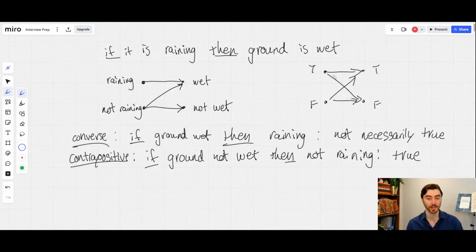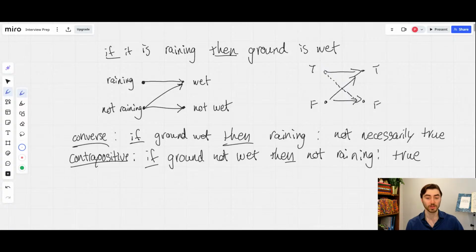So we want to get rid of that cross path. If we were testing to see whether this statement is true, that is the cross path we would need to test. We would need to say, well, is there any situation in which it is raining and the ground is not wet? For instance, if they've put up a tent or some sort of covering.